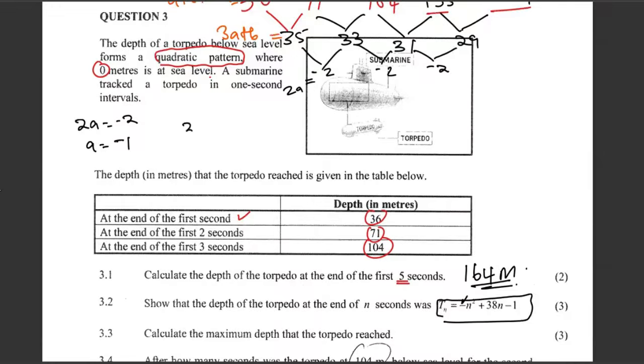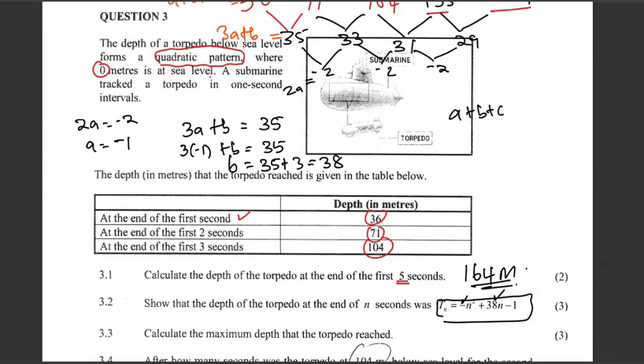Then we're saying that 3a plus b should be equivalent to 35 if a is negative 1. So 3 times negative 1 plus b, meaning that we're going to have to move this negative 3 to that side. b is 35 plus 3, which becomes a positive 38. Perfect. Then lastly, a plus b plus c should give us the first term, which was 36.